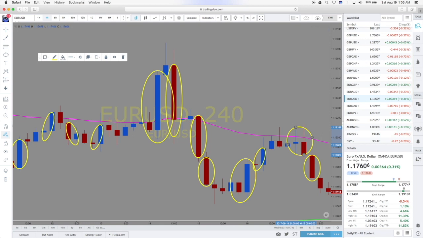Now there is one more, which is a triple candle price action setup, and we start to get into what we call more of a reversal setups.